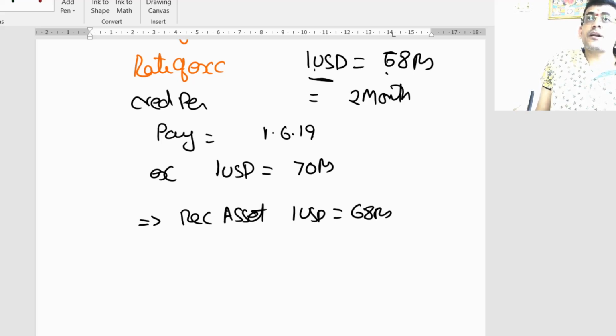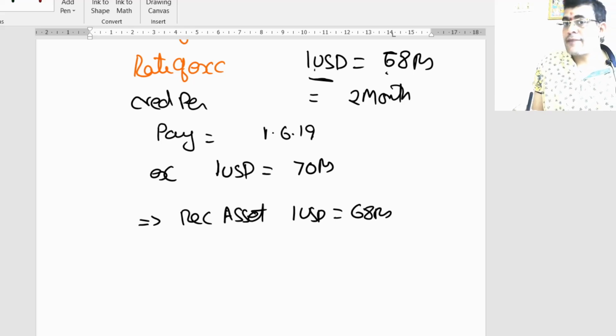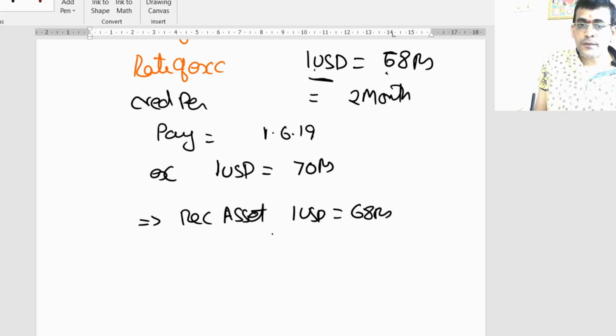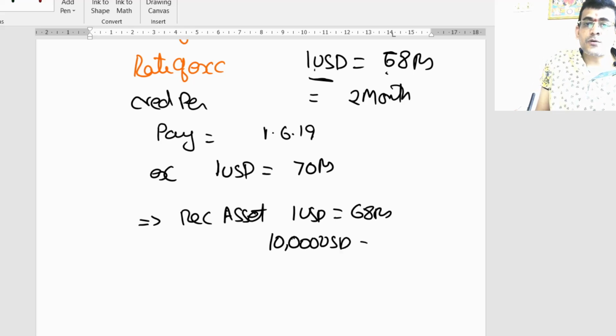Initially on the date of acquisition, whatever value was there, you had recognized the asset in your books at 1 USD is equal to 68. That's what even AS 11 speaks about. Now, what is the total USD? The asset cost is coming to 10,000 USD.